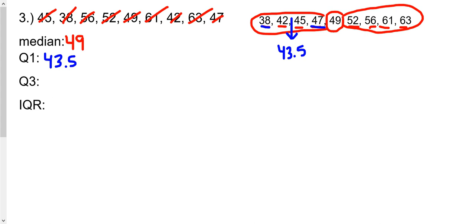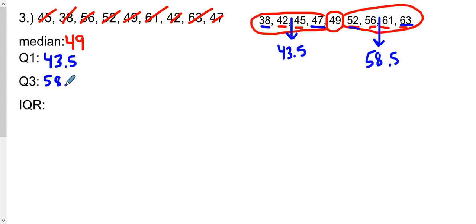And then looking at my upper quartile at 52 and 63 that I can mark off, well, I know that my Q3 is going to be in between 56 and 61. So when I add those two together, I get 117 divided by 2, and that gives me 58 and 1/2. So my Q3 gives me 58 and 1/2.